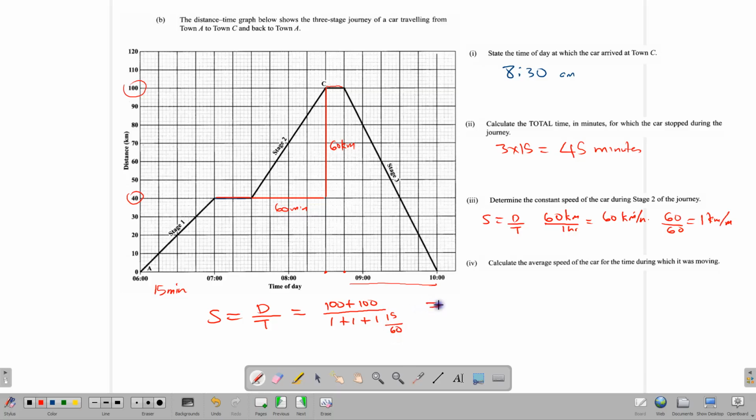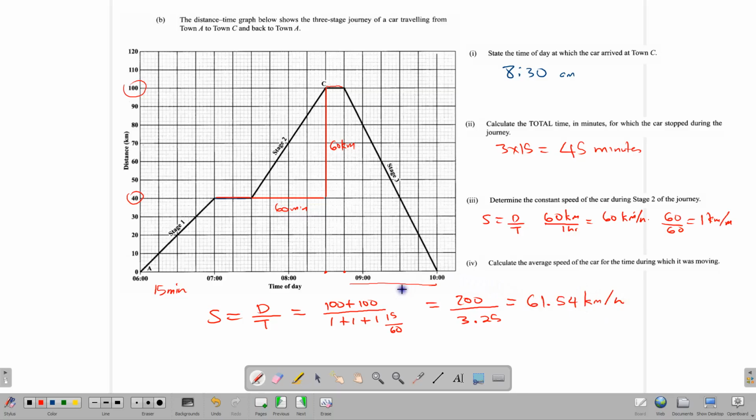So what we have here is a total of 200 kilometers divided by 3.25 hours. And dividing 200 by 3.25 gives us 61.54 kilometers per hour.